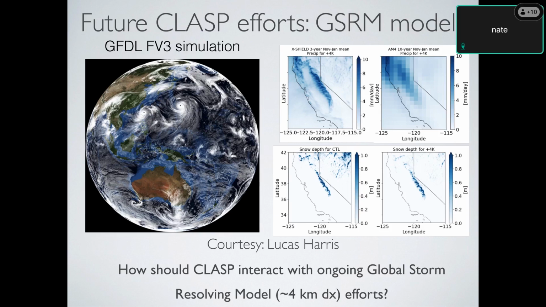So how do we leverage that information to inform further parameterization efforts that CLASP-type efforts would have? To give an example, we've done some WRF over the US at 3 kilometers, homogeneous versus heterogeneous, and we're now starting to use that as a way to go back to the drawing board a little bit to reevaluate these CLASP parameterizations. So there seems to be a lot of potential along that way. Next slide.